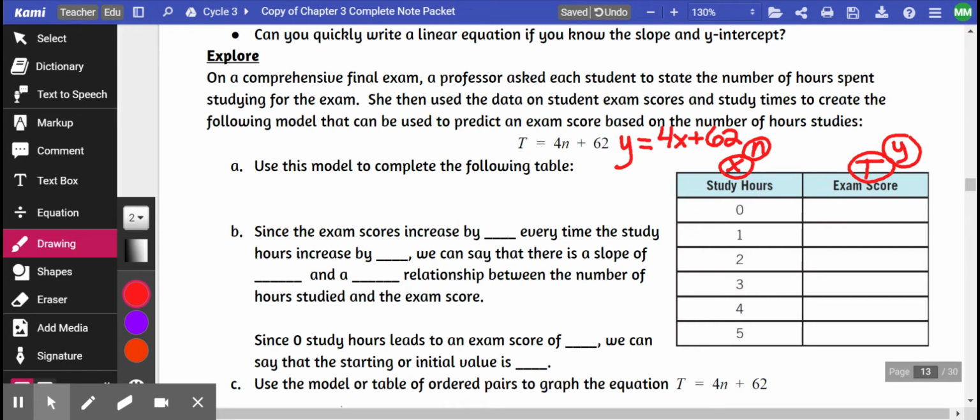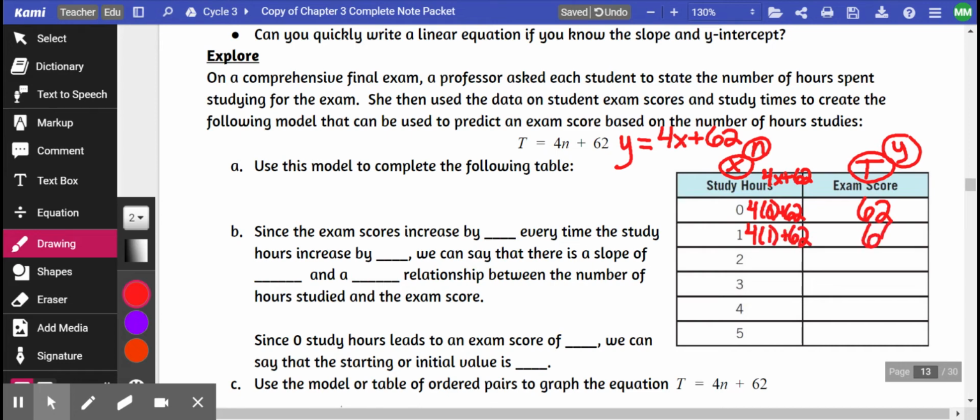So if I have spent 0 hours studying, I'm going to plug that value in for X. So I'm going to plug it into 4X plus 62. So it's going to be 4 times 0 plus 62. So I would get 62. For 1 hour studied, I'm going to do 4 times 1 plus 62.